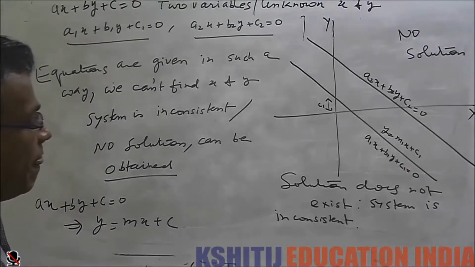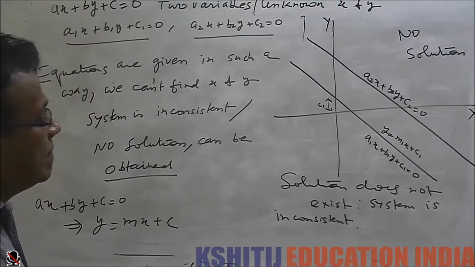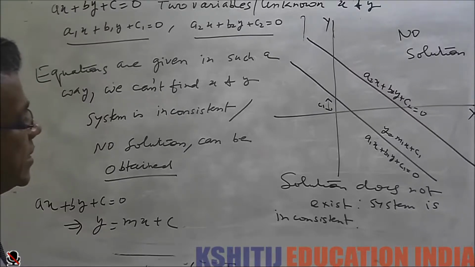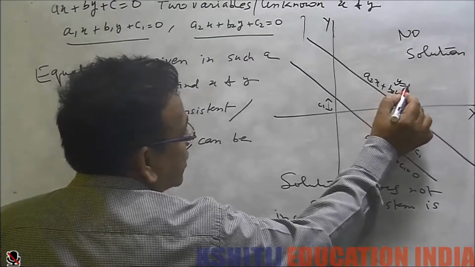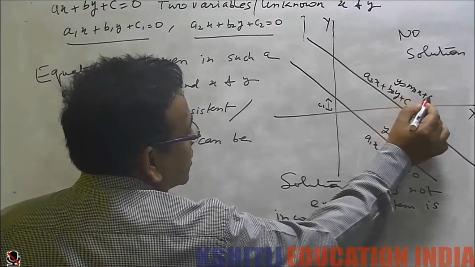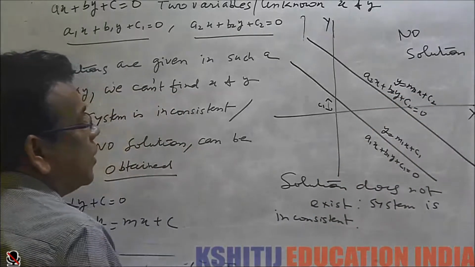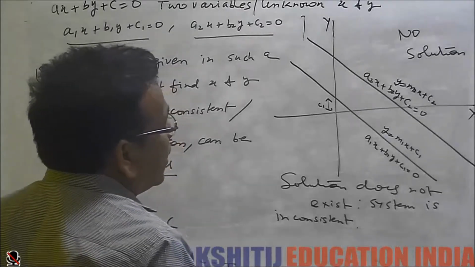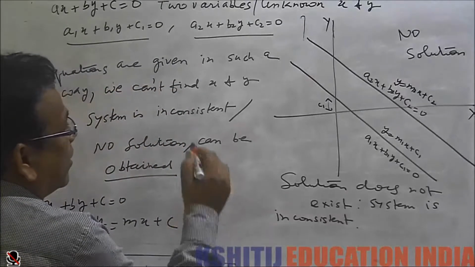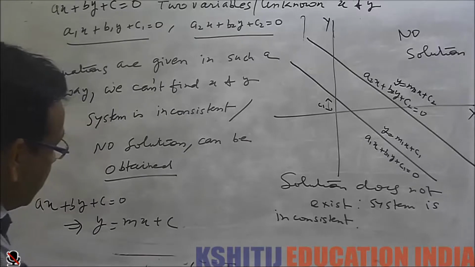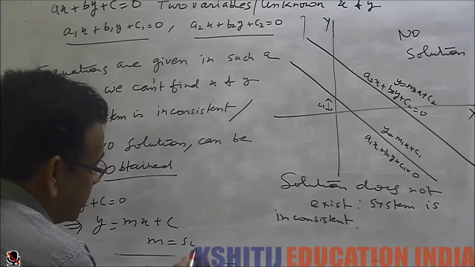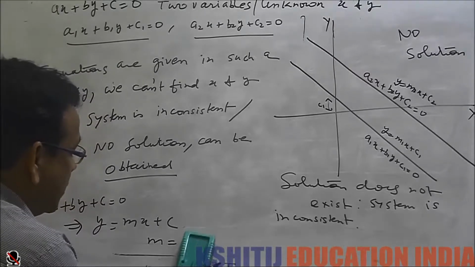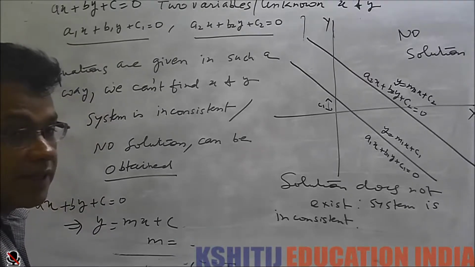Right. And similarly, if I express this, y is equal to m2x plus c2. And here, I just did not explain about this m. M is nothing, we call this the slope. Slope of line with x-axis.